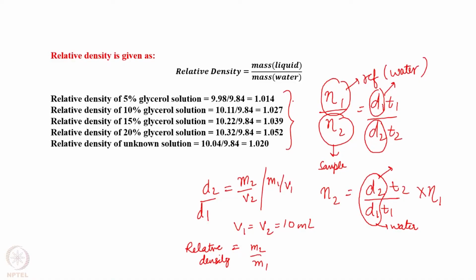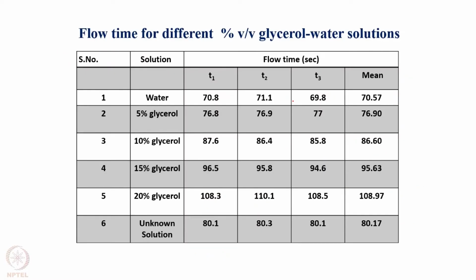So to calculate the viscosity of the different solutions, apart from relative density, we also need their flow times. So this is the flow time obtained for water, and we took 3 readings for them, which were obtained as 70.8, 71.1 and 69.8, and then we took the average of these readings, which was 70.75.